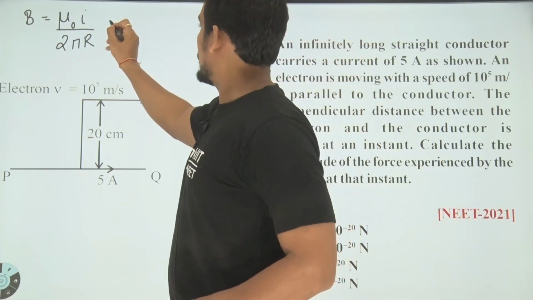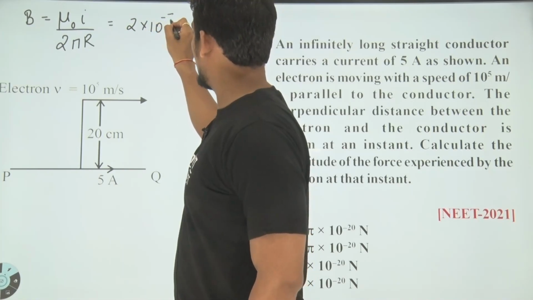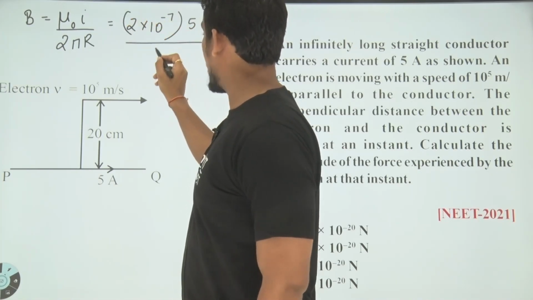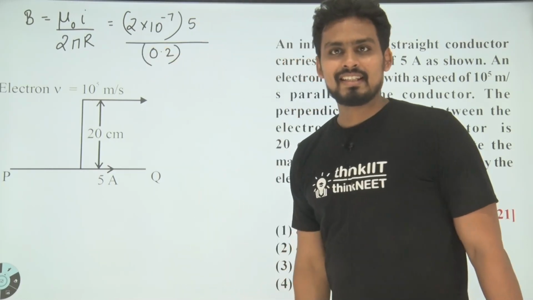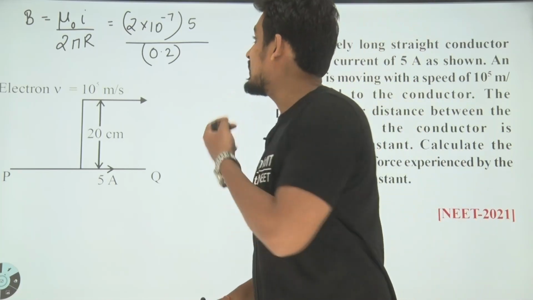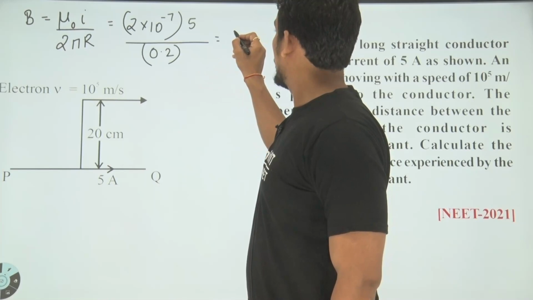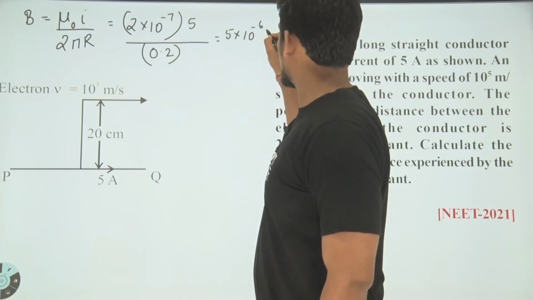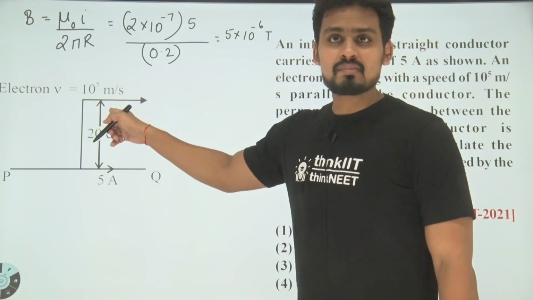So can I say that this value is nothing but 2 into 10 to the power minus 7 into current, which is 5, upon r, which is 0.2. Correct? Yes or no? Now once you have understood this, can I write down that this would be equal to 5 into 10 to the power minus 6 Tesla. So this is the value of magnetic field in this particular region.